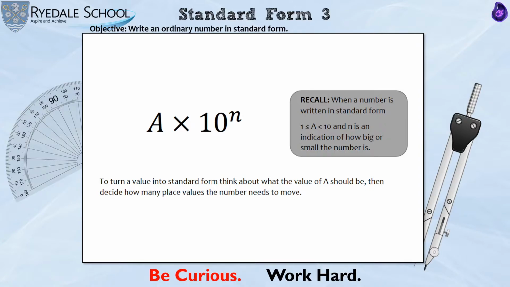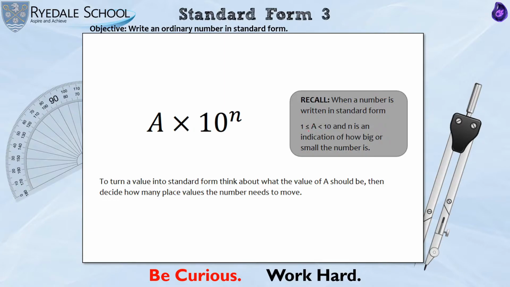So the first thing that we're just going to need to recall from last week is what a number in standard form looks like and what it means. And you might recall that we had something times 10 to the power of n. And the important thing to remember is this is a number between 1 and 10. And I've written that using an inequality this time.